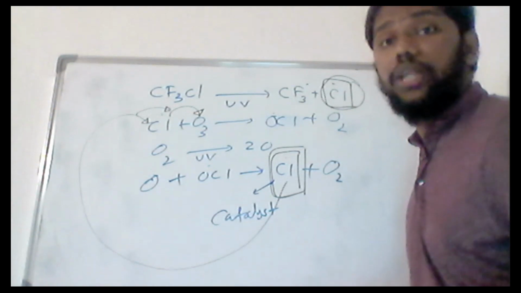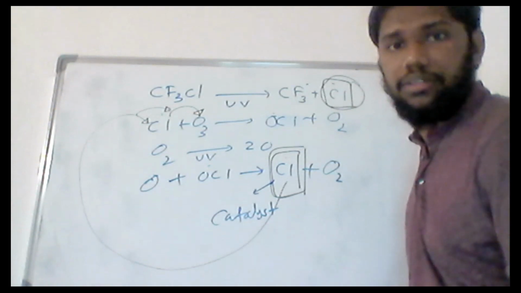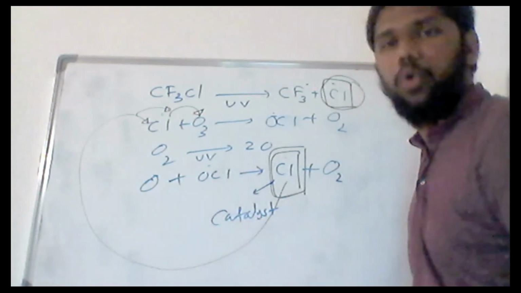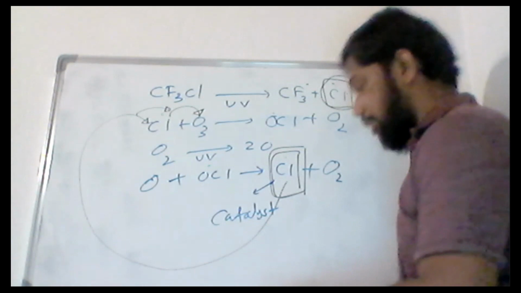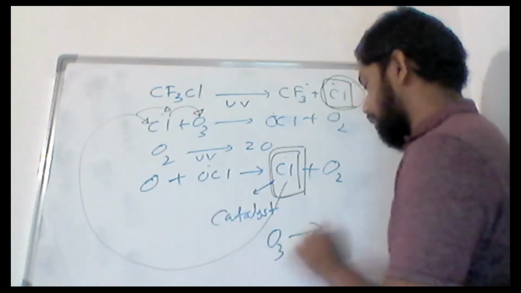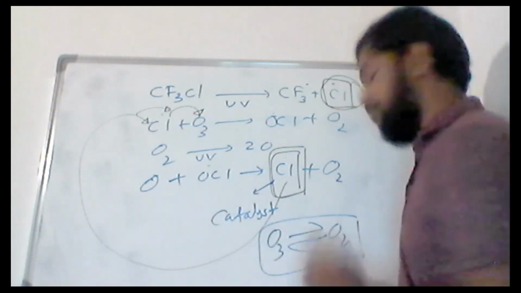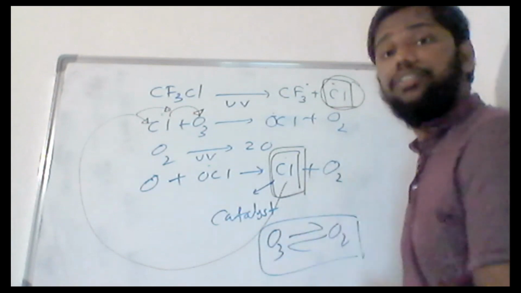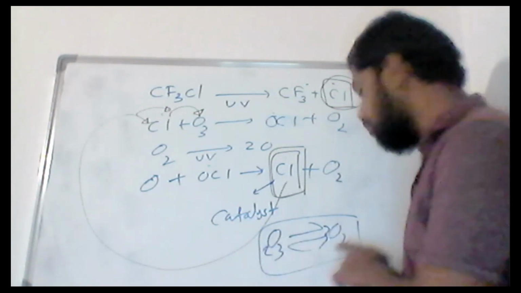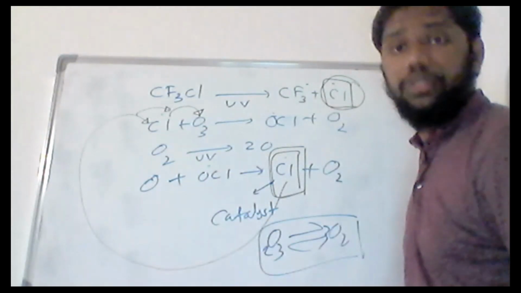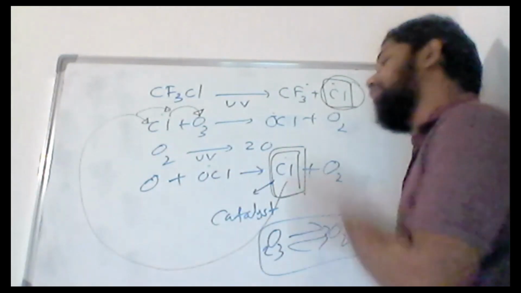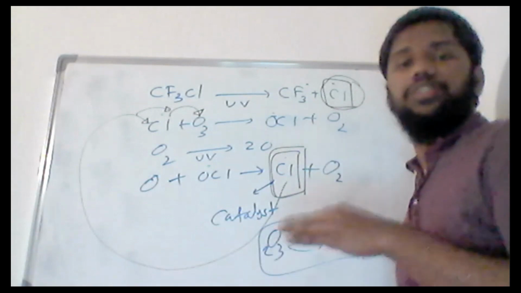But thanks to the other processes where CFCs are destroyed, and thanks to the other process where this O3 to O2 conversion is reversible, if you have some amount of oxygen in the upper atmosphere, it can again be converted to O3. So this is in equilibrium in the atmosphere.